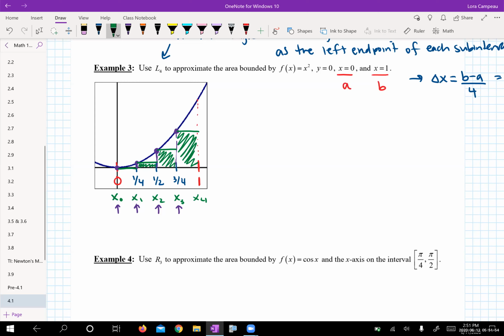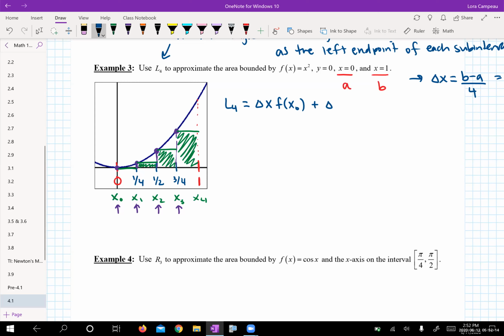So just so that you see the generic formula, if I'm calculating L4, it's always base times height. Using function notation, the first endpoint I'd be dealing with is x of 0. So base times height, that's the first rectangle.